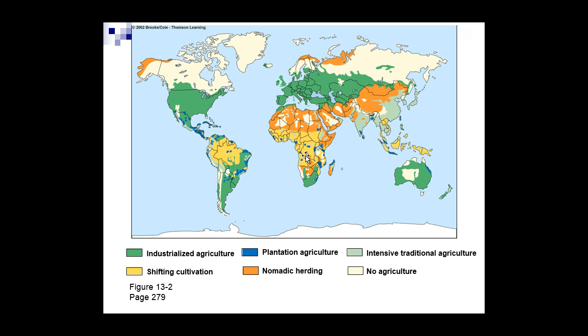Shifting cultivation, that's your intensive, they're trying to make more money so that they can move up to either plantation or industrialized. And then nomadic herding is your subsistence farming, just enough to get by. Okay, so your Inuit people, they're not really farming but more herding, just enough for them. People who live in the desert, they're not really going to be able to make enough to sell to other people.